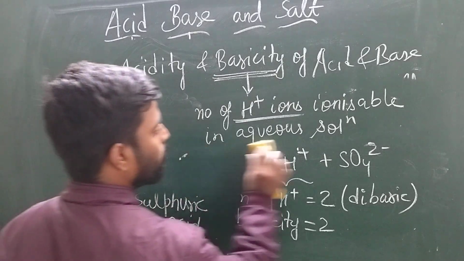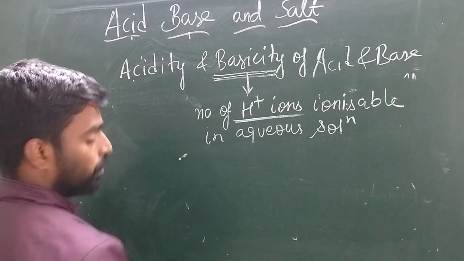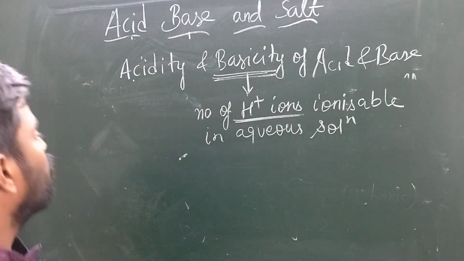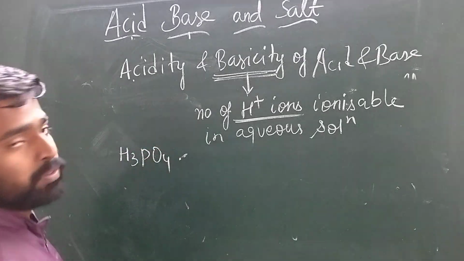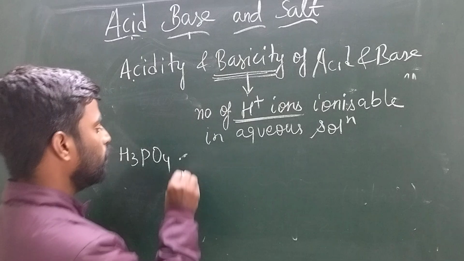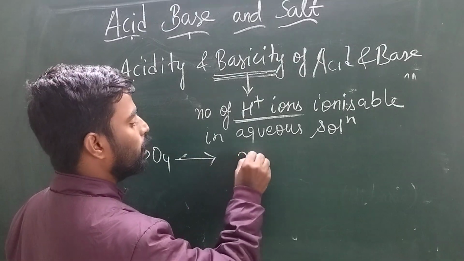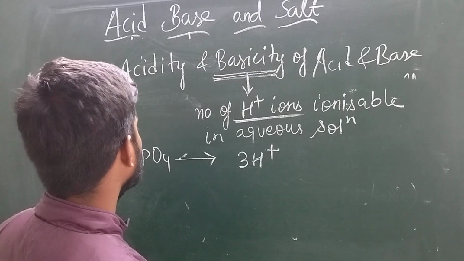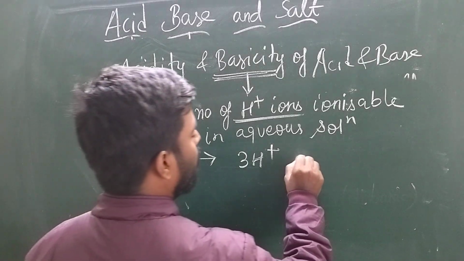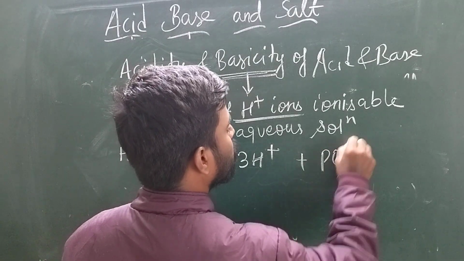Similarly, H3PO4 gives 3H plus ions and PO4 3 minus.